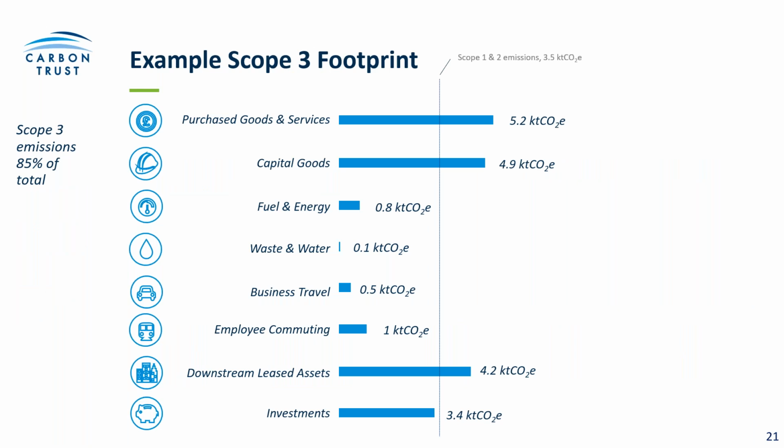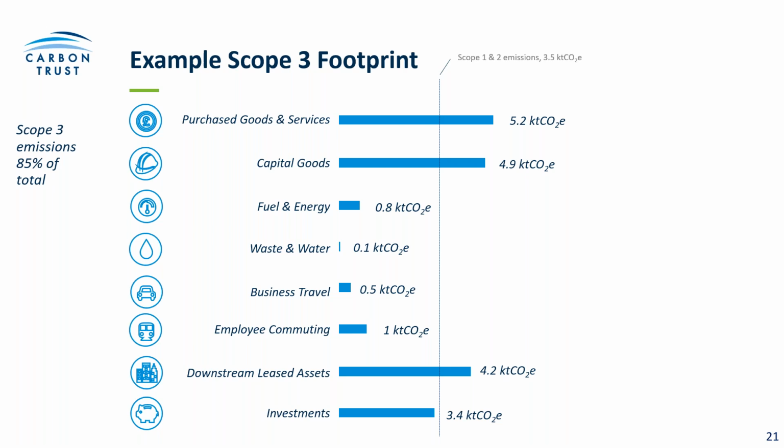Putting it all together, here is an example of a typical Scope 3 footprint breakdown. And it's fairly clear to see that purchased goods and services, capital goods, downstream lease assets, and investments form the vast majority of Scope 3 emissions. Those categories together account for about 88% of total Scope 3 emissions.